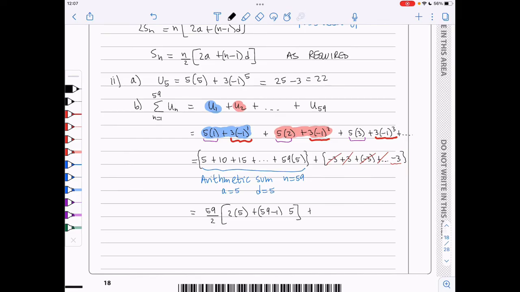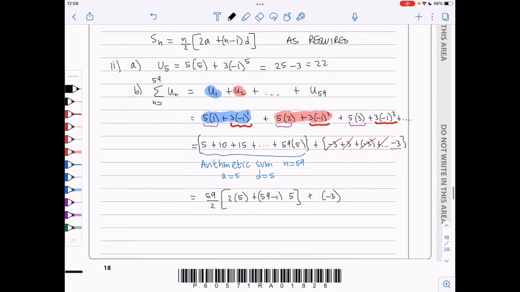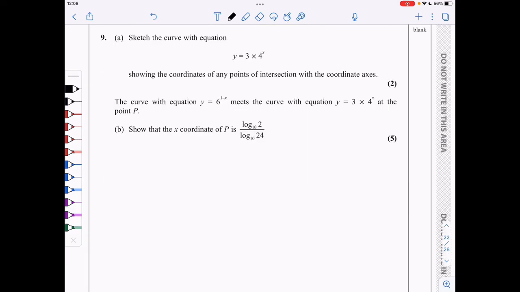And the other bracket here is just contributing this minus 3. So it's going to be plus a minus 3. And this is giving me a result overall of 8,847.